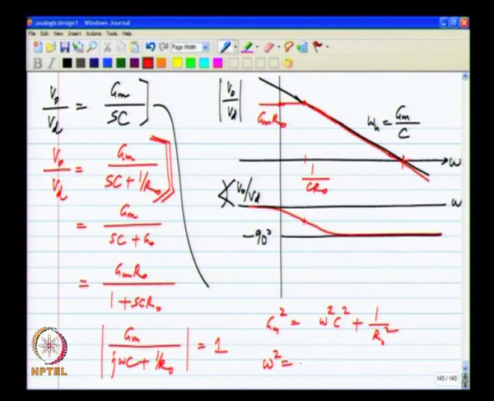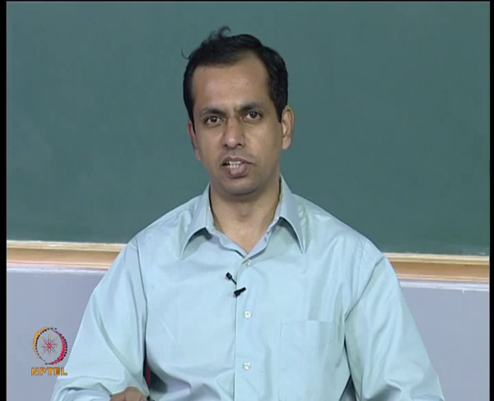So, omega square is given by Gm square by C square minus 1 by C square R naught square. As long as this is very small, as long as 1 over C R naught is much smaller than Gm by C, the unity gain frequency is still approximately Gm by C, and we see that this is invariably the case for any reasonable op amp, because if this condition is violated, the op amp will be almost useless.